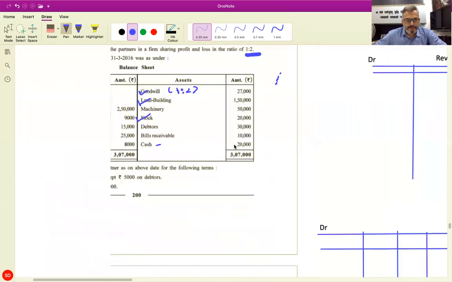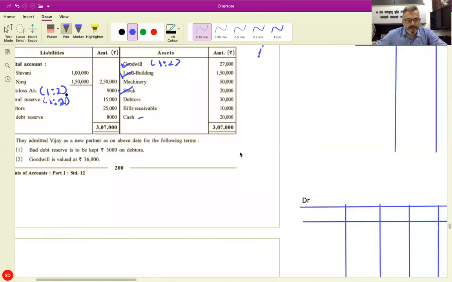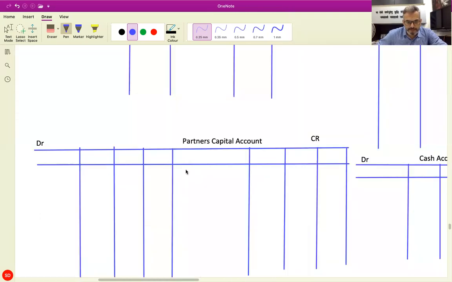We start with capital account. Shivani and Neeraj 1 lakh and 1,50,000, by balance brought forward. Shivani, Neeraj 1 lakh, 1,50,000.